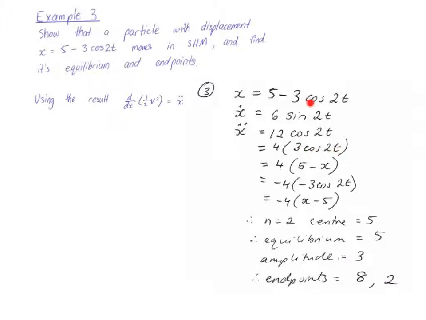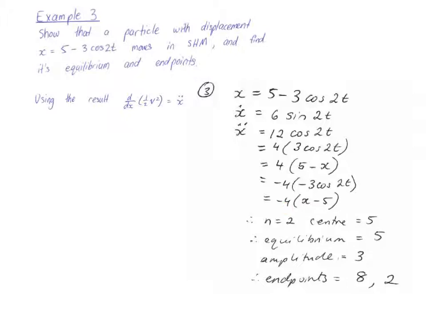You can say 3 cos 2t is 5 minus x, or a better way, I think, is changing the 12 into -4 times -3. And then you can say -3 cos 2t is equal to x minus 5, because then it is in the form given at the top of the first page of notes. And you can see then that 5 is the centre of motion.